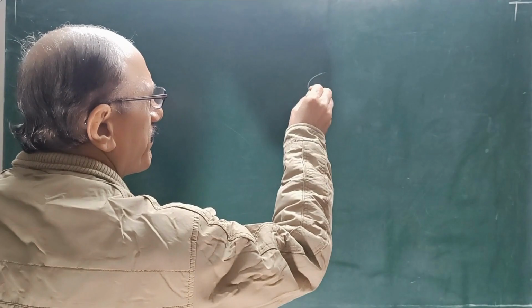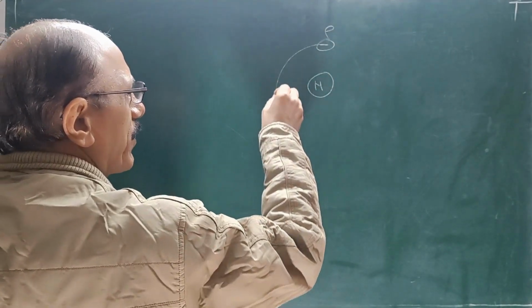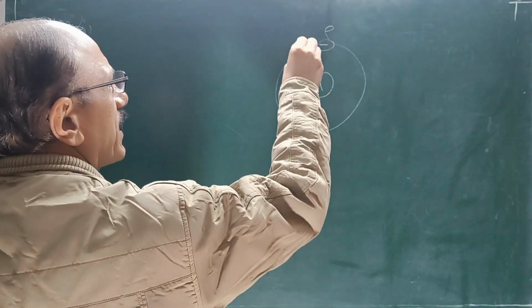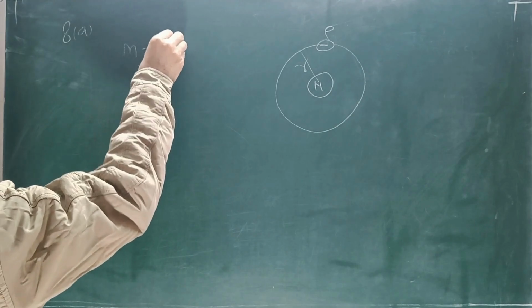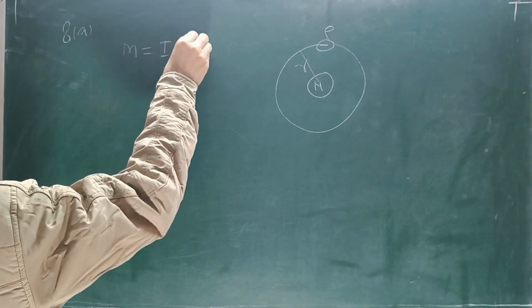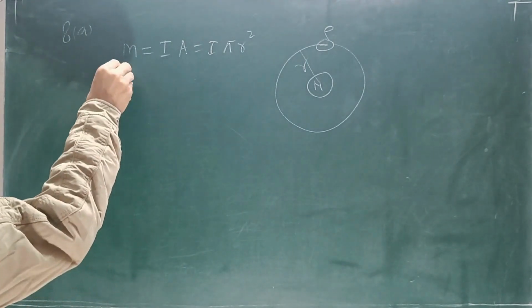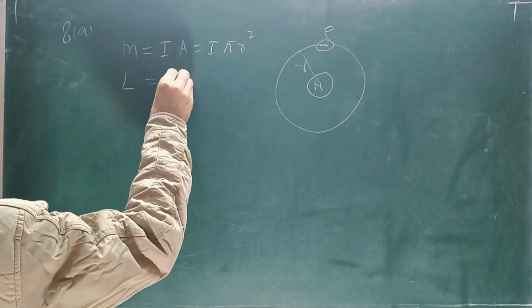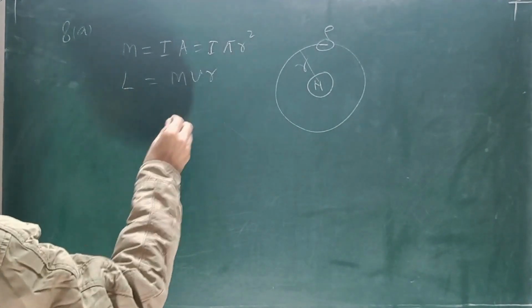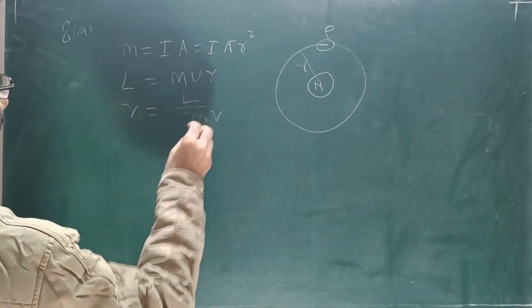Here we have the nucleus and the electron is revolving around the nucleus with radius r. The magnetic moment is I into A, that is I into pi r squared. Here we are given angular momentum L equals mvr, so r equals L upon mv.